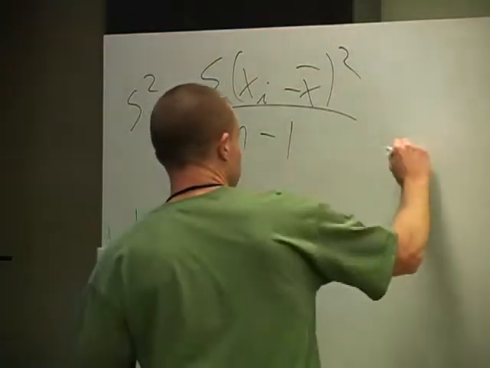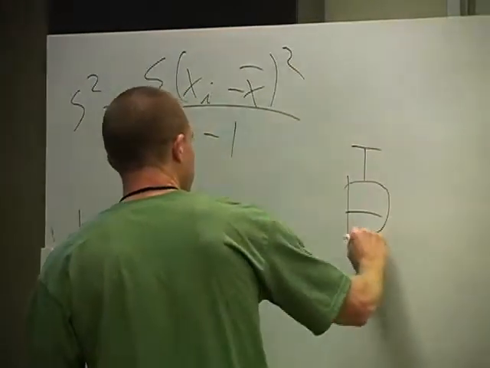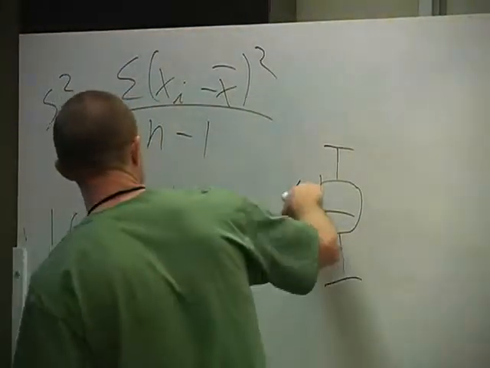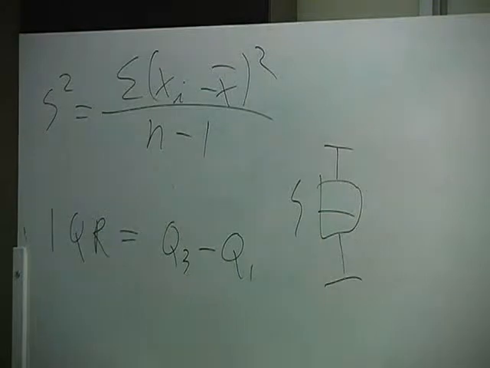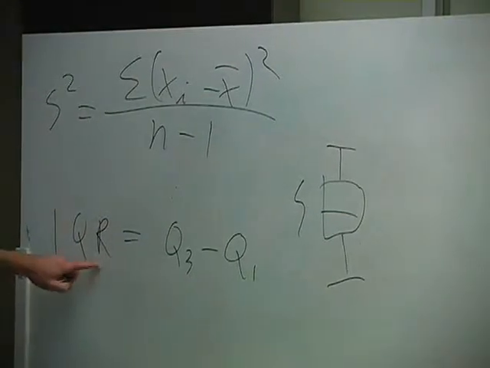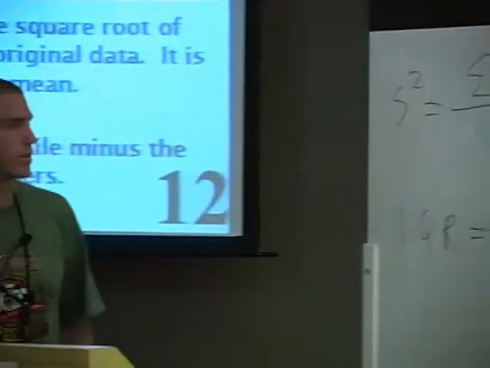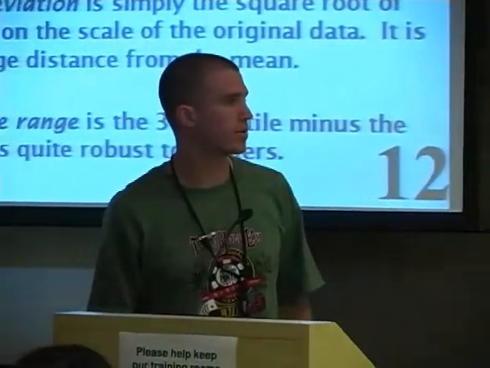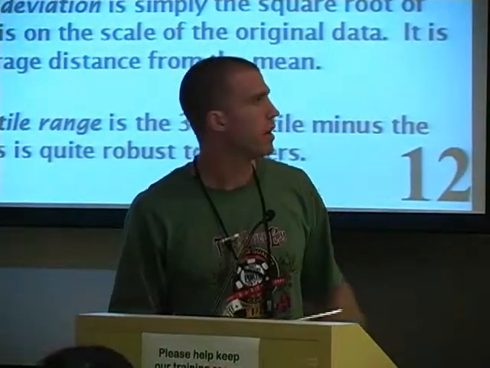If you think about the box plot from before, this is the distance from Q3 to Q1. It's how wide the middle 50% of your data is. So that's a nice way. And if you remember, the outlier algorithm in R actually uses this value to detect outliers because it's a nice, robust measure of spread. But that being said, the variance and the standard deviation are the most common.